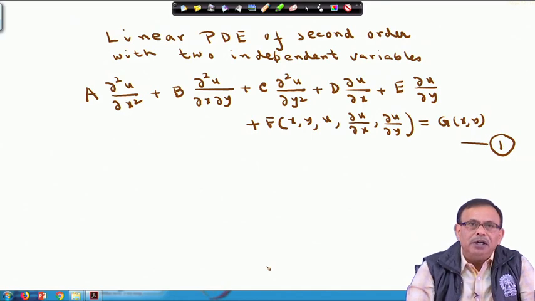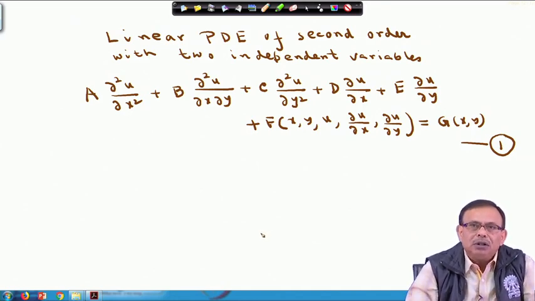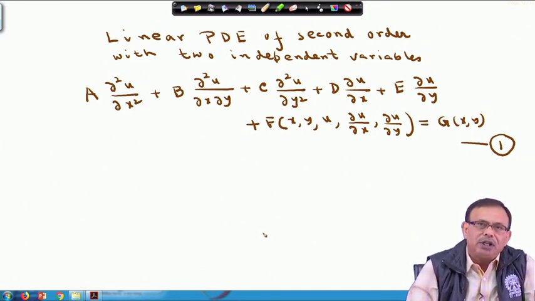So, this is a linear PDE of second order with two independent variables x and y.